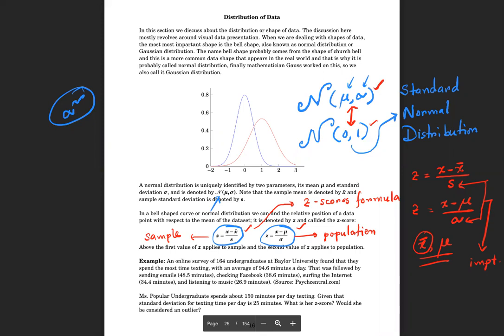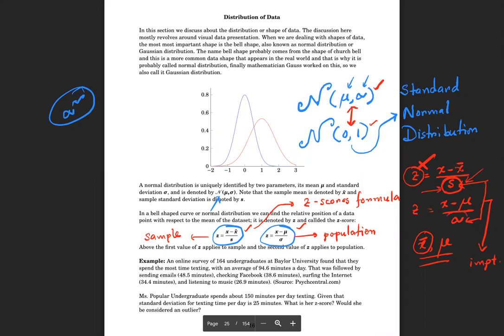Now, when you're talking about the standard deviation of a data set from which you collected data by sampling, it is called sample standard deviation.